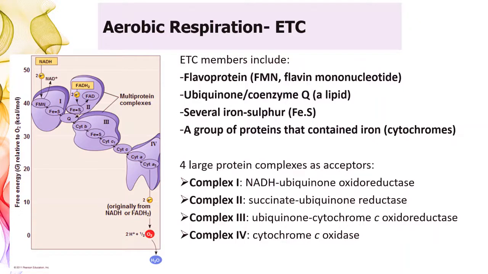In the electron transport chain, there are a few members including flavoprotein or FMN, coenzyme Q, several iron sulfur proteins, and also a group of proteins that contain iron, which we call cytochromes. For example, cytochrome B, cytochrome C, and even the last one here is cytochrome A3.